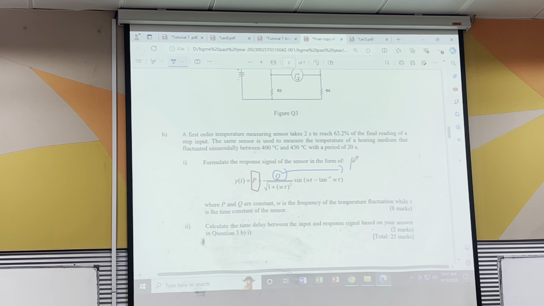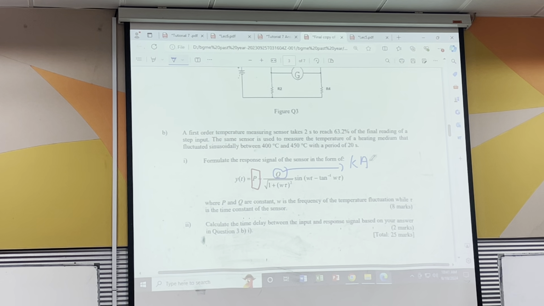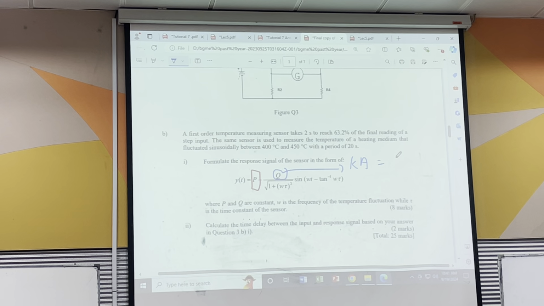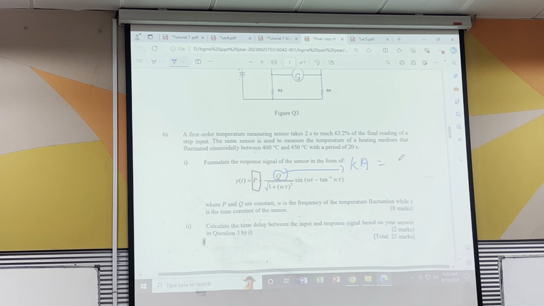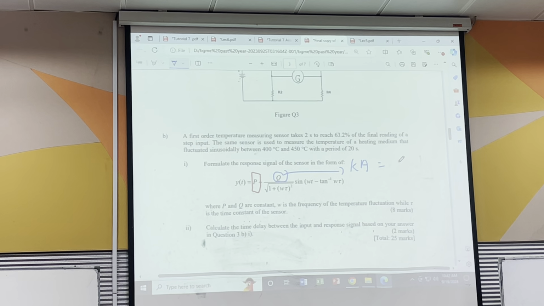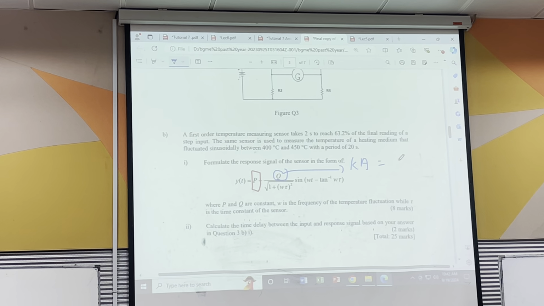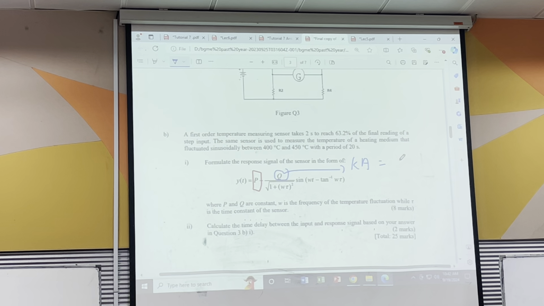So what is KA here? K is 1, correct? A is? 400, 450, so your amplitude should be 25, correct?